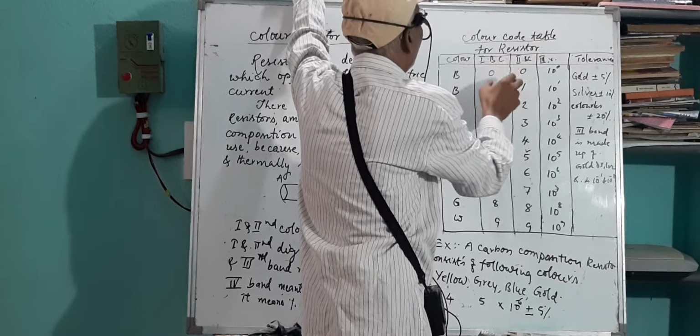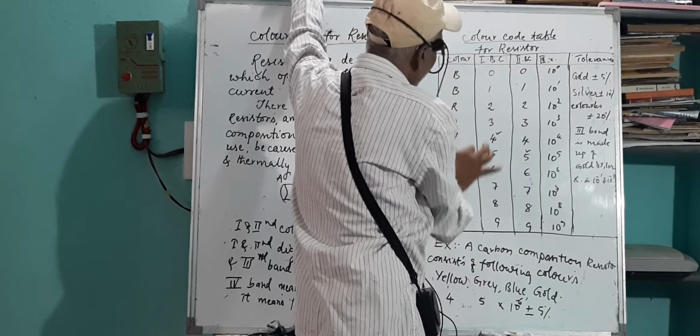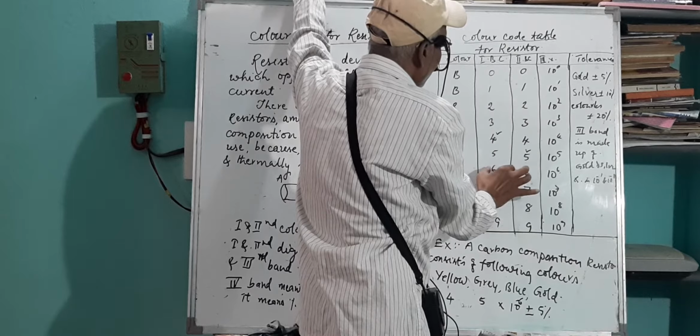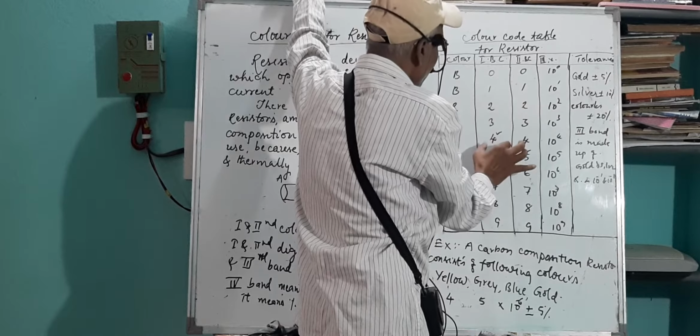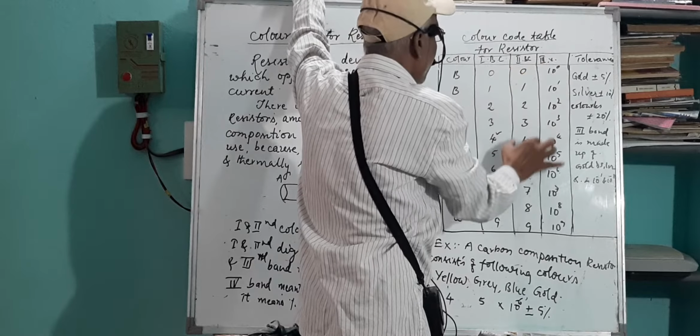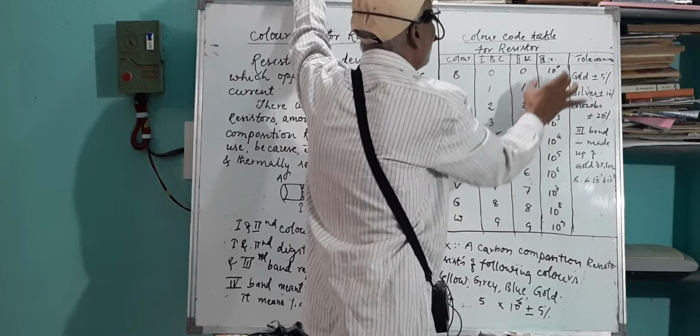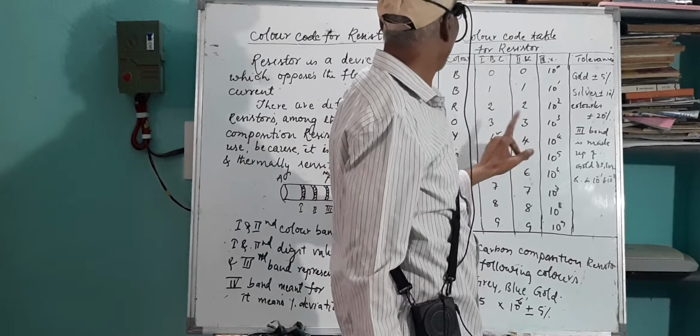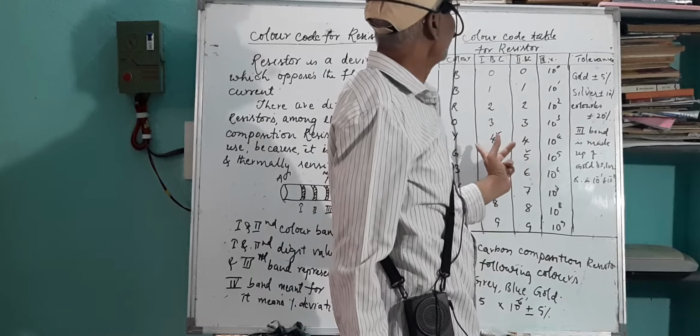So the first column gives the color, the second gives the significant digit value of the resistance. Likewise the second band also. The third color band gives the number of zeros followed by the previous digits.